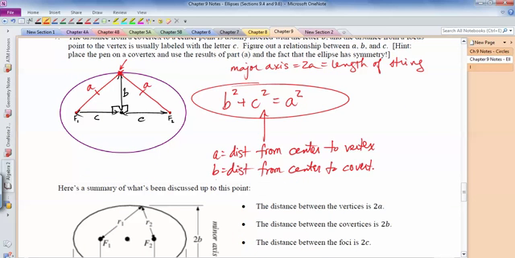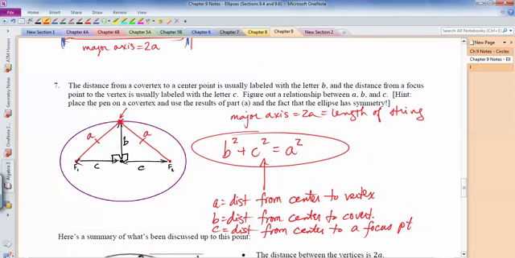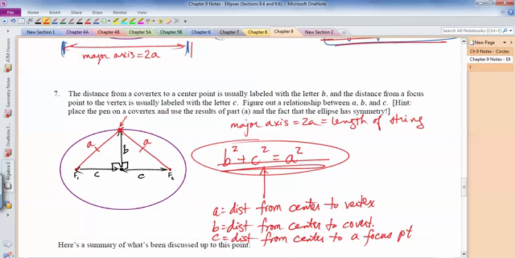And c equals the distance from the center to a focus point. All right, so this is a huge relationship that will shorten some calculations that you need, especially when you're dealing with focus points.